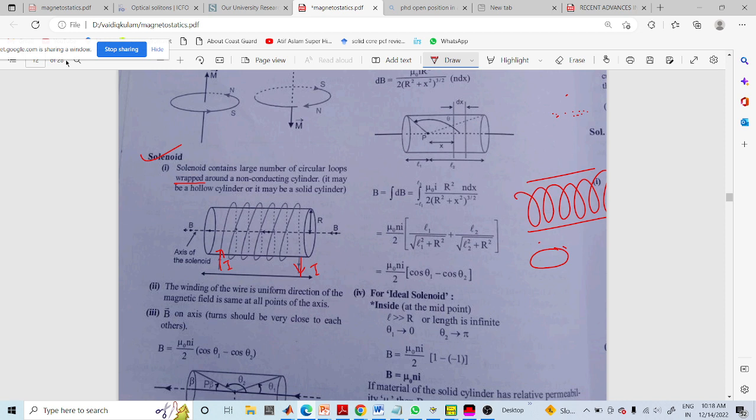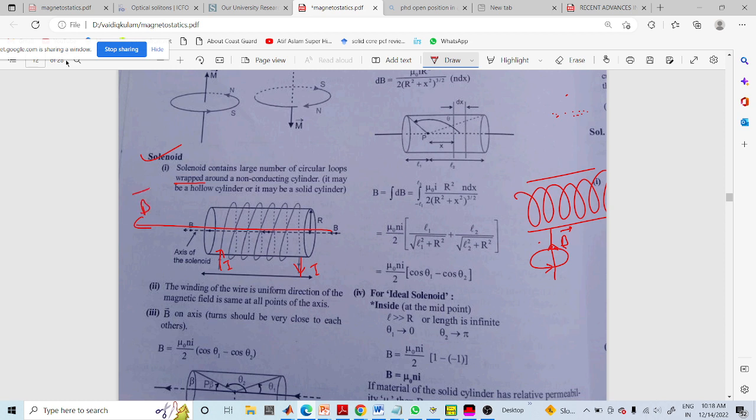And one thing we know, that if we have a current carrying loop, then because of this current there is a magnetic field, right? The same thing is here. Because of this loop we have a magnetic field, because of this loop a magnetic field, and the direction of the magnetic field because of every loop will be in this direction.